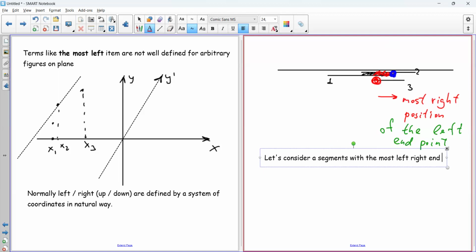Right ends were here, like I denoted with blue color. I will add a note regarding that to the text a bit later. So let's consider a segment with the most left right end.